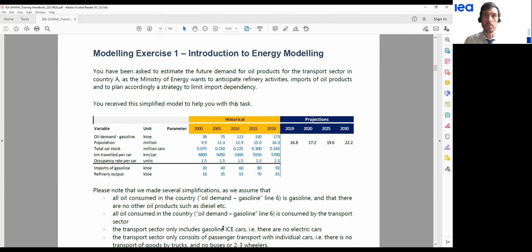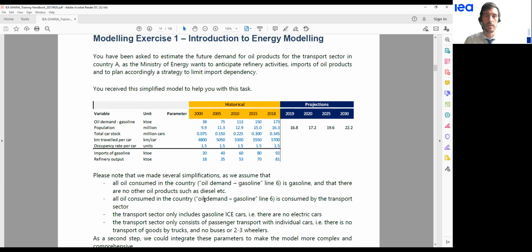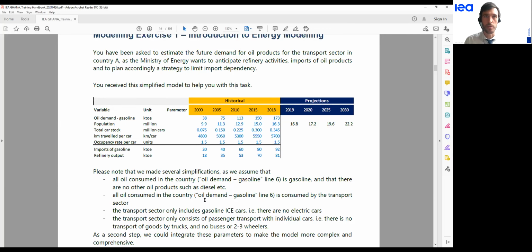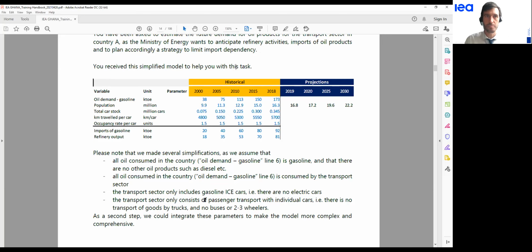We only include internal combustion engines, so thermal motors, and no electric cars. And we also have some simplification on the refinery sector. But this is a start. We can see together the mechanics, and of course there is always room for refining and disaggregating more to make such an exercise more accurate.